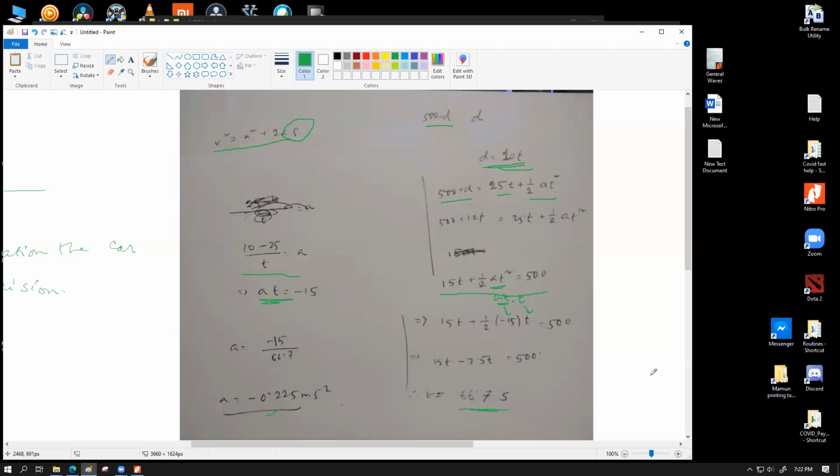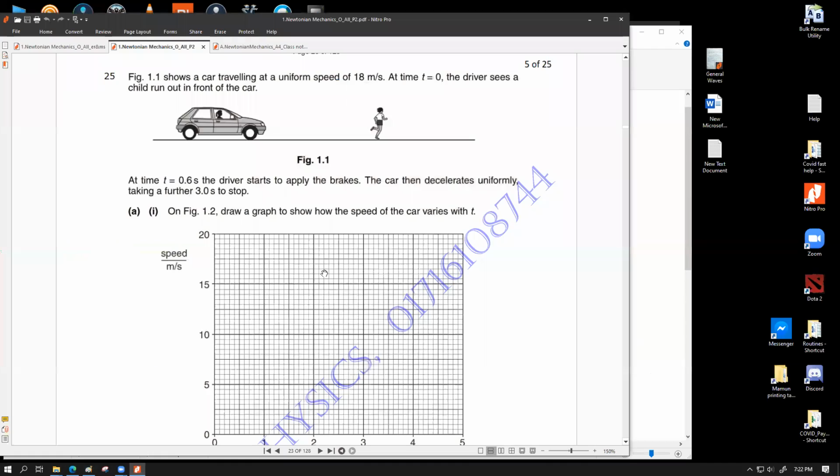Summing the two gives the stopping distance, which is the total. This one is done, everyone. Yes, sir. Okay, let's move on.